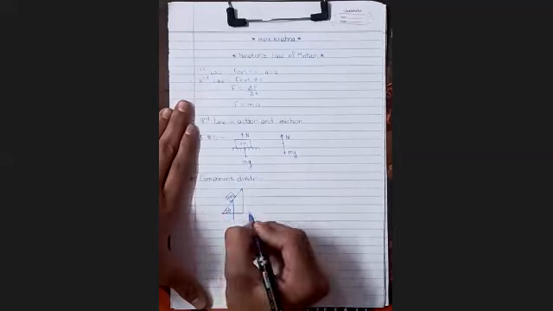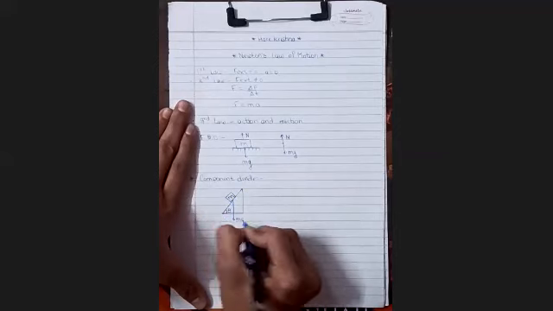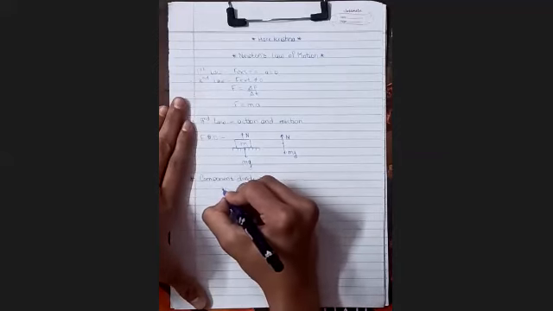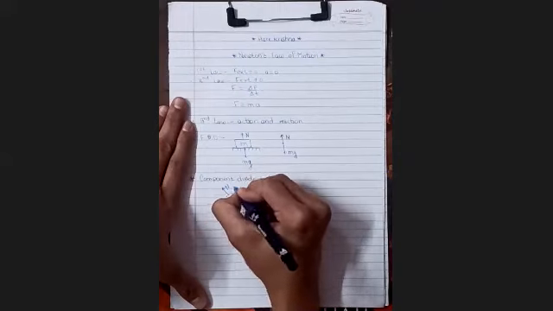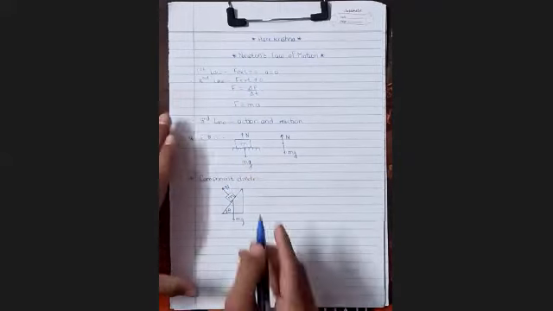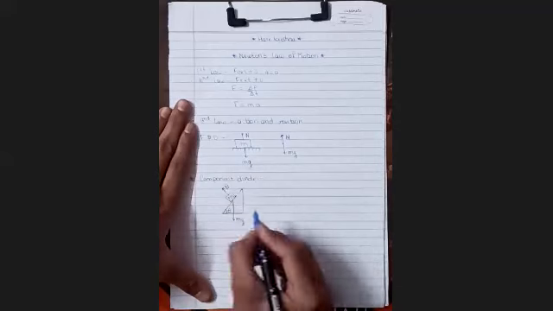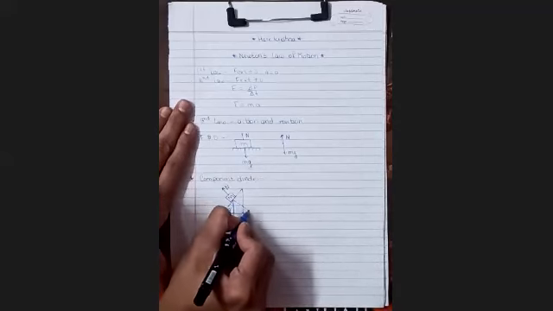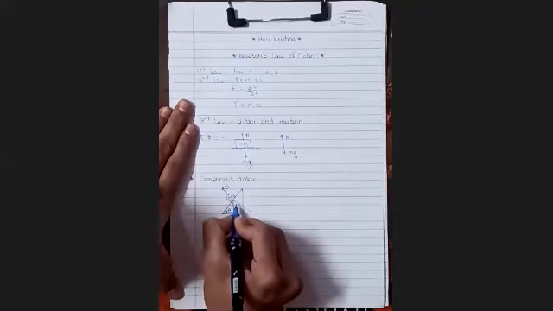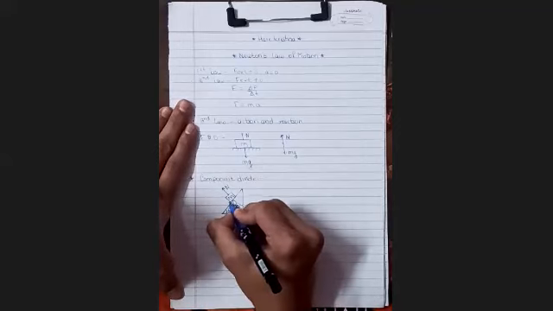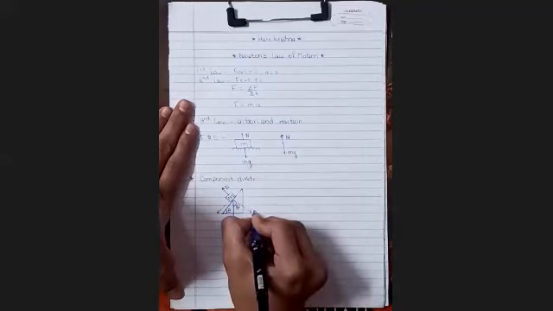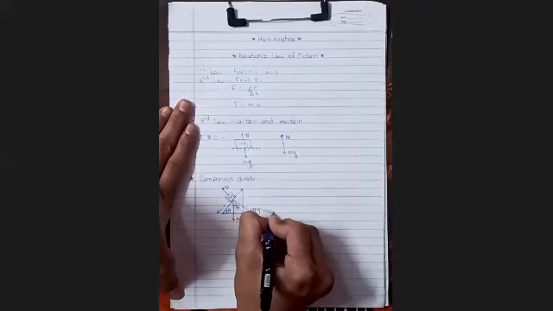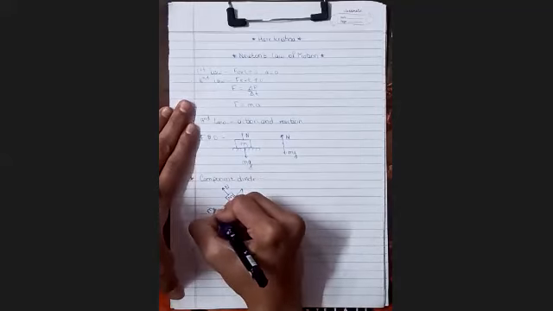So there will be the mg force in the downward direction and the normal force perpendicular to the surface. Here, if we resolve this mg force into components, this angle is theta, then this angle will also be theta. So here we get mg cos theta and here mg sin theta.